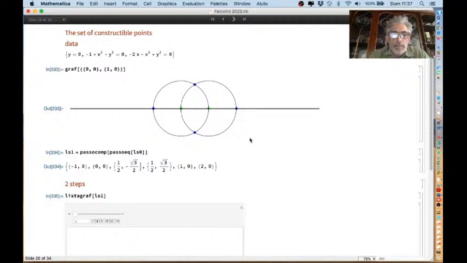Well, as I briefly discussed before, the constructability is related precisely to the representation of cosine of 2 pi divided by n by radicals, and the constructive proof that I gave following Gottlieb, like the proof of Gauss, is related to the intersection of lines and circles.